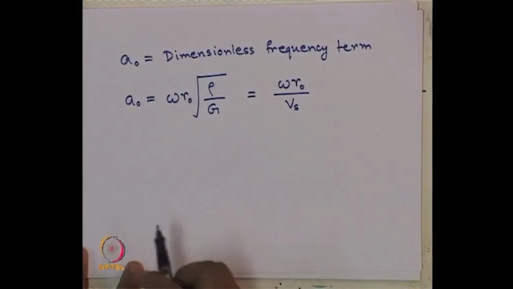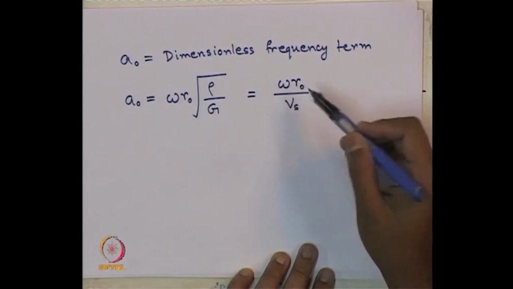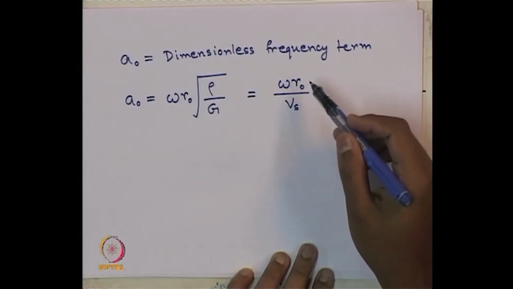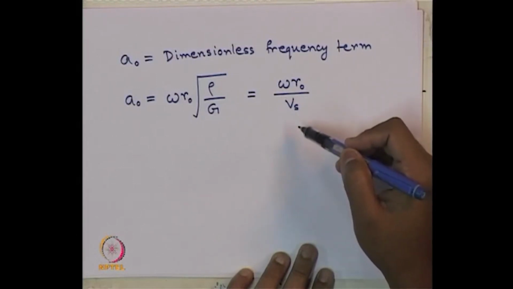Remember? So, you can see omega is the applied external exciting frequency, r naught is the equivalent radius of the footing, Vs is the shear wave velocity in the soil media.